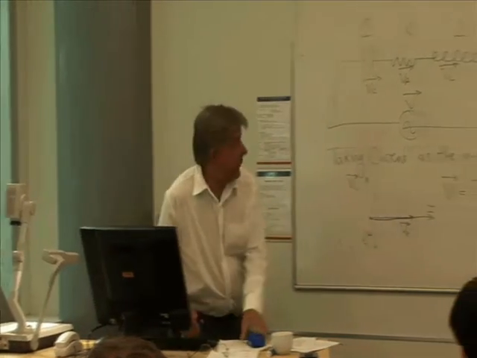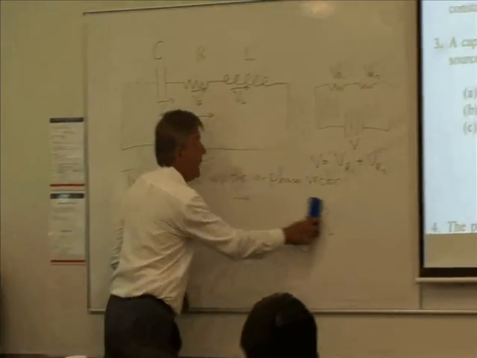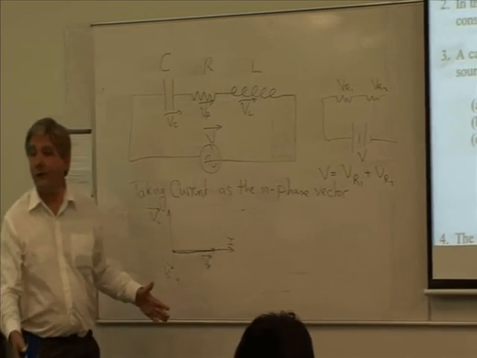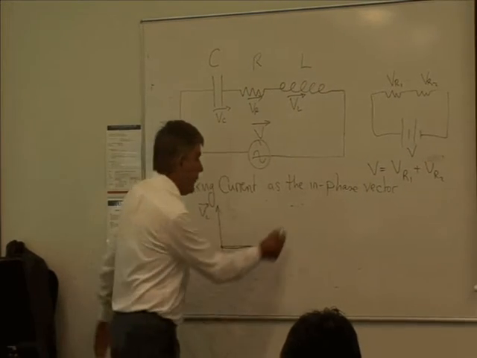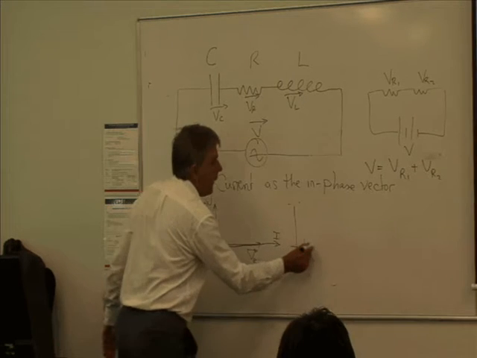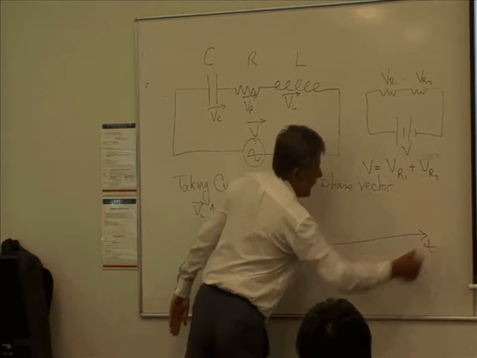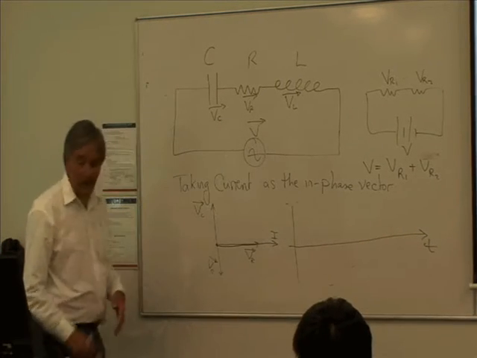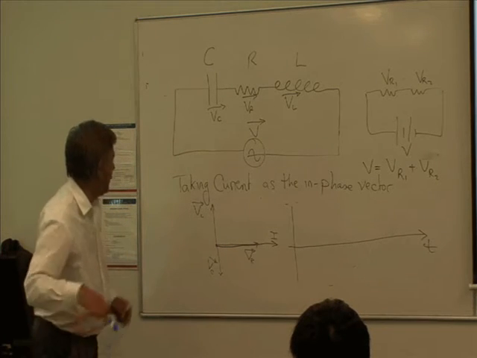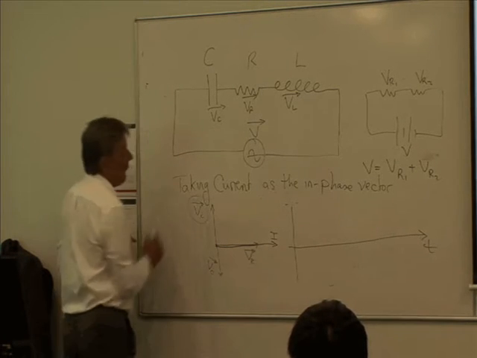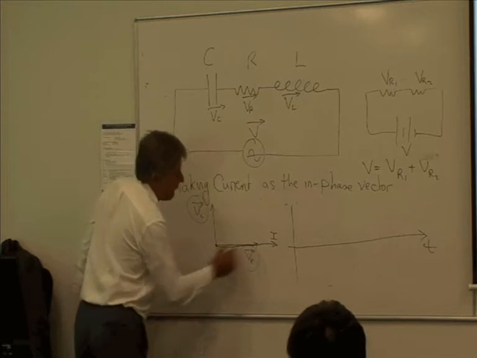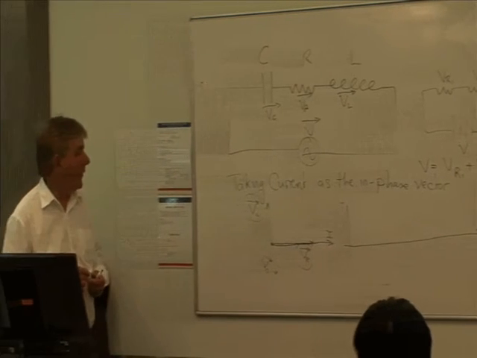This is sort of an aside to the question. Let's suppose we draw a graph here with time on the horizontal axis. We'll take 2 vectors: the voltage across the inductor and the voltage across the resistor as our examples.